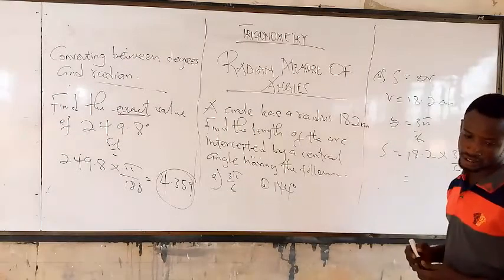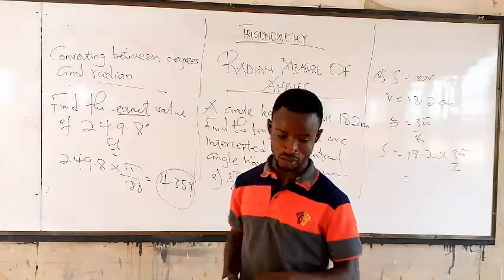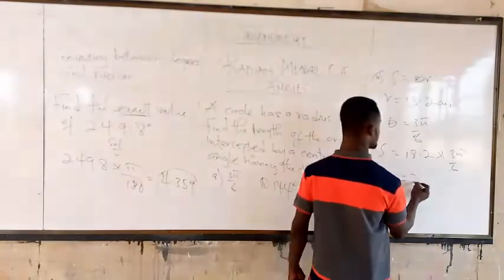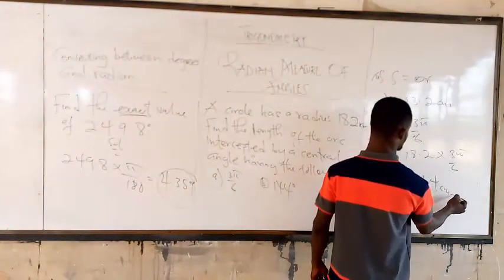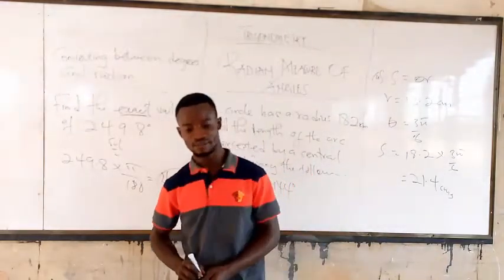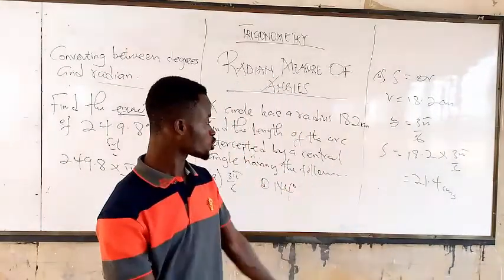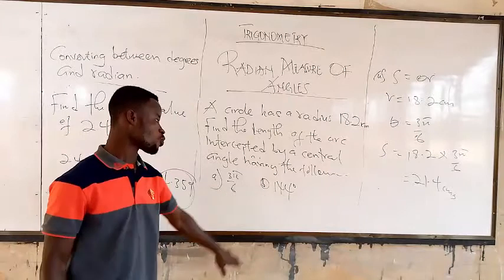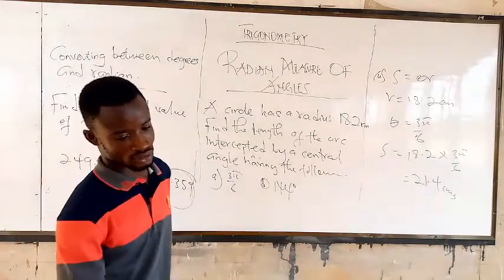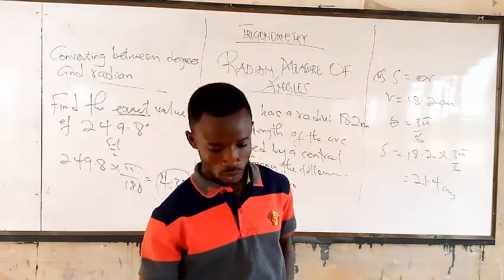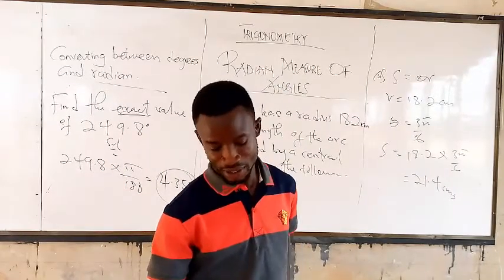And what is that going to give you? That is 21.4 centimeters. Alright. So that is going to be the arc length. Okay? Try the second one, 144, and see what you are going to get. Alright. So we are done with that.